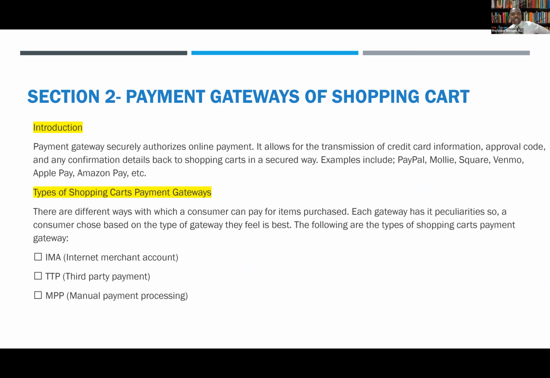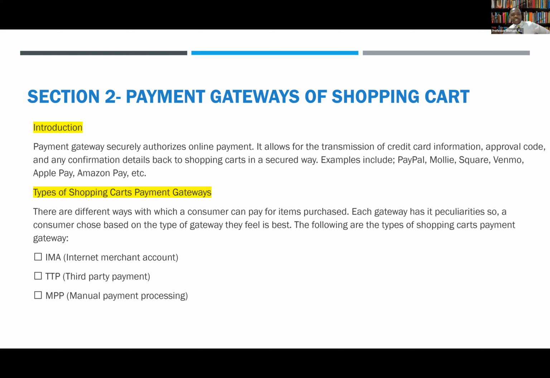It allows for transmission of credit card information, approval code, and any confirmation detail back to the shopping cart in a secured way. I've given you some examples: PayPal, Square, Venmo, Apple Pay, Amazon Pay, Alipay, you name it. So it authorizes online payment.